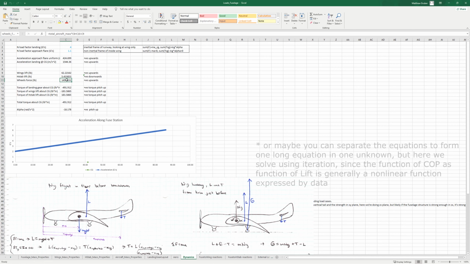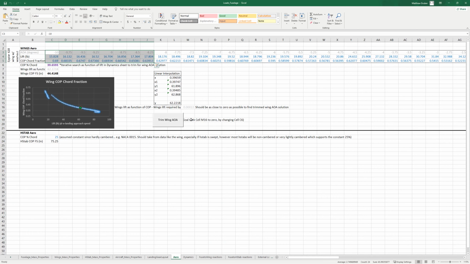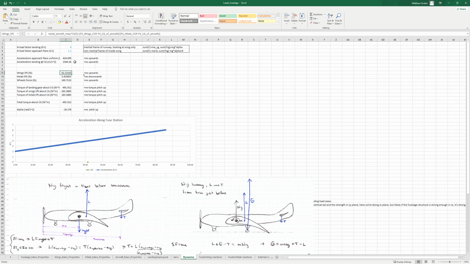So this is an iterative calculation, and here we use a goal seek to balance out this cell, which is the wing's lift that we achieve from a given angle of attack, minus the wing's lift at the dynamics calculation, which is a result of trimming the aircraft given this load factor, so that there's no angular acceleration before it touches the ground. Essentially the HStab and the wing lift and the weight of the aircraft are balancing out their torques.